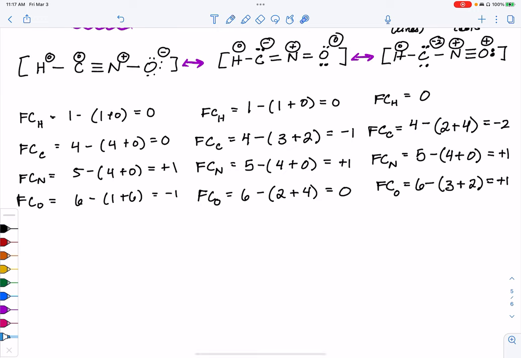So in this resonance structure, I have 2 atoms with 0 formal charges. In this middle one, I still have 2 atoms with 0 formal charges. But in this third one, I only have 1 atom with a 0 formal charge, so I can definitely rule out this last one as being the least stable.